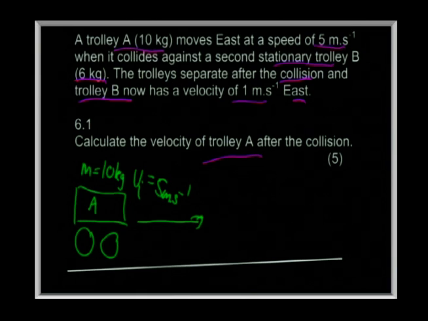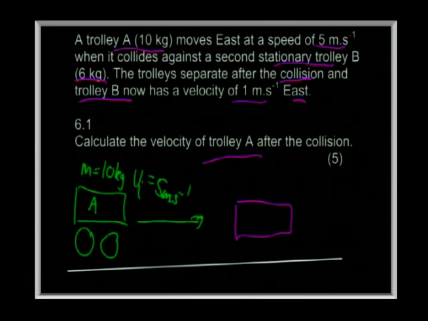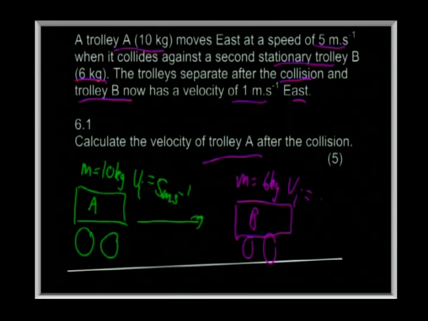Notice it collides with the second stationary trolley, B. So I'm going to draw B in a different color. Let's make B pink. The initial conditions of B are that it has a mass of 6 kilograms and an initial velocity of 0 meters per second.